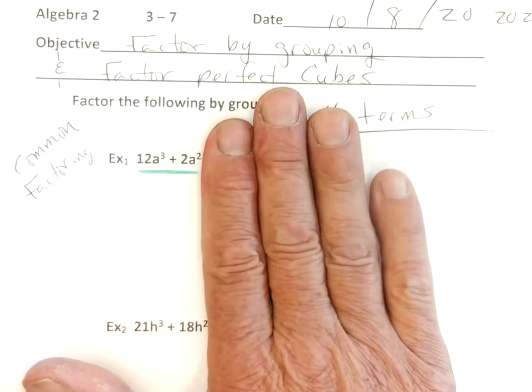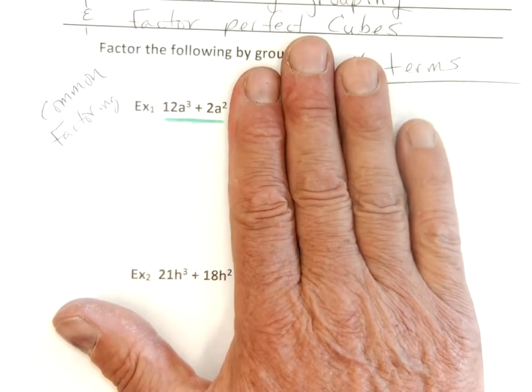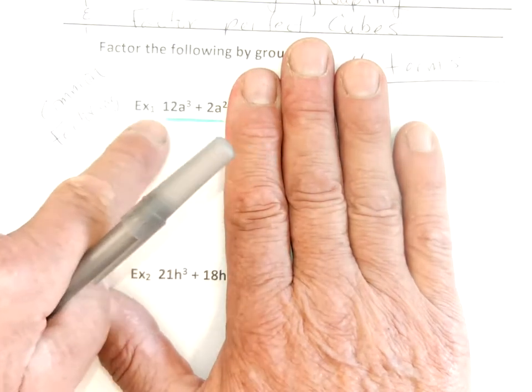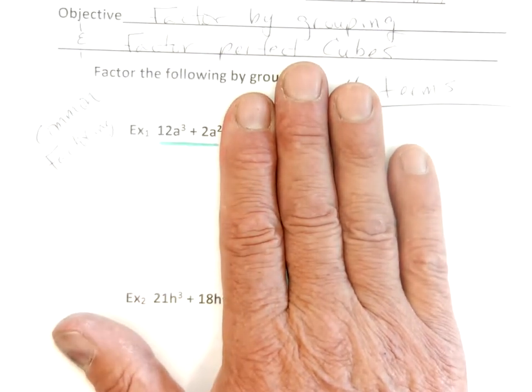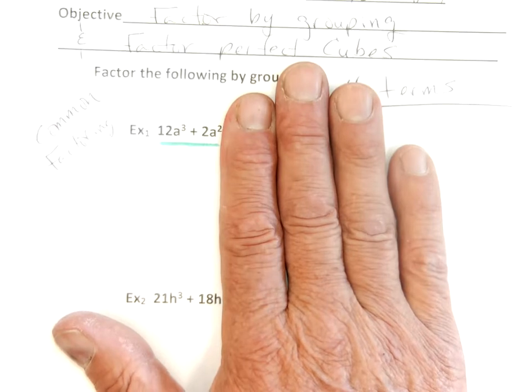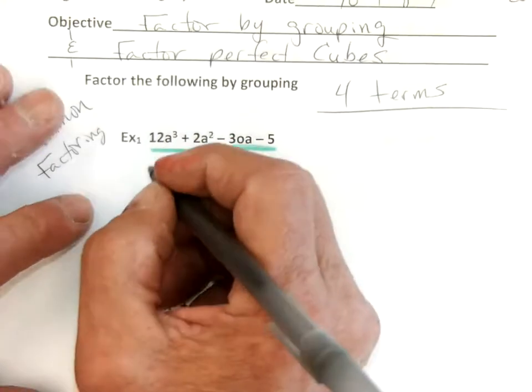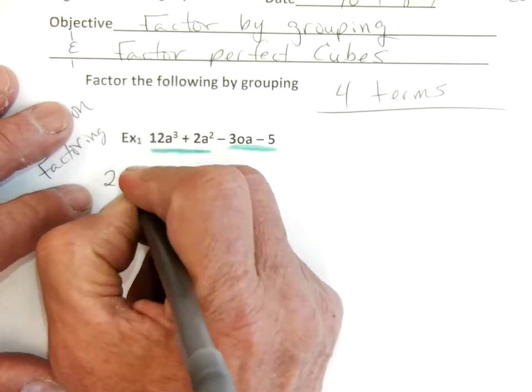So let me hide the second pair, and let's only look at the first pair. What do these first two have in common? A 2a squared. They both have a multiple of 2, and they both have at least a squared in common. So we can common factor out 2a squared.